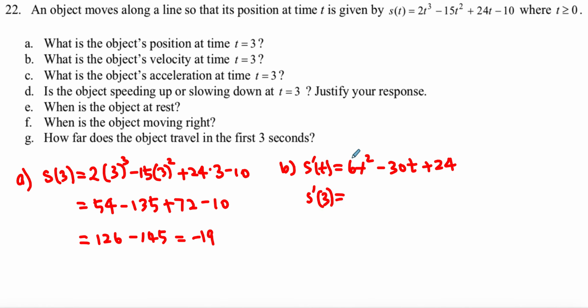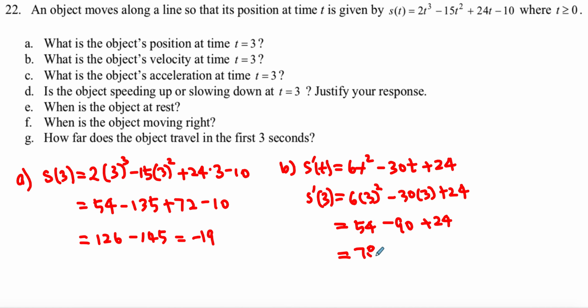I'm going to plug in 3, then we end up getting 6 times 3 squared, and then minus 30 times 3 plus 24. Then this becomes 54 once again, minus 90 plus 24. Then this is the same thing as 78 when I add up 54 and 24, minus 90, we get negative 12. So velocity is negative 12.